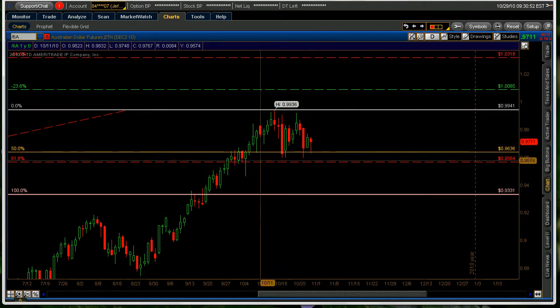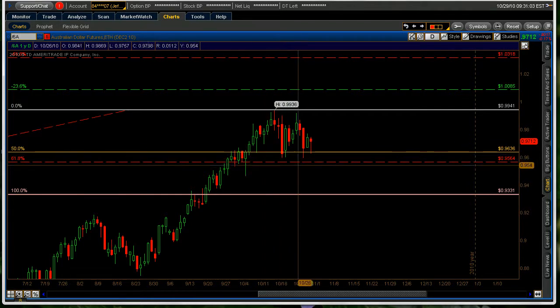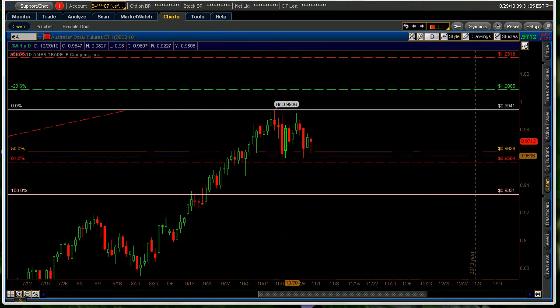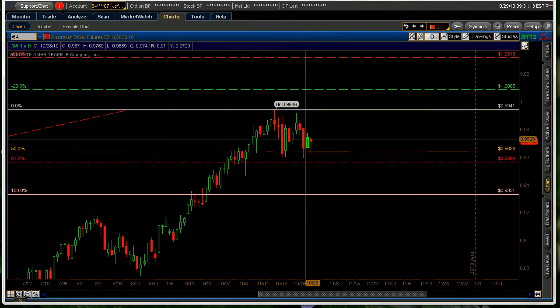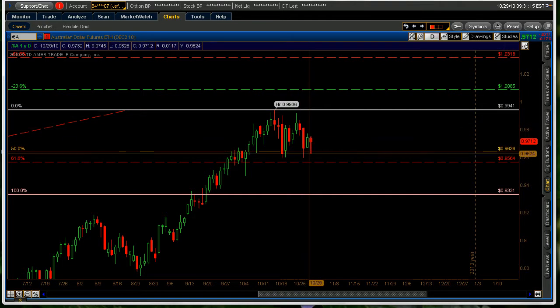Essentially we've created a range here, tested it a couple times at the bottom, of which we double bottomed on the 18th, 19th and 20th, and went right back up to these range highs. We've come back down again, and just this morning have touched and made a higher low at this 50% retracement and have moved about 80 pips off of that.